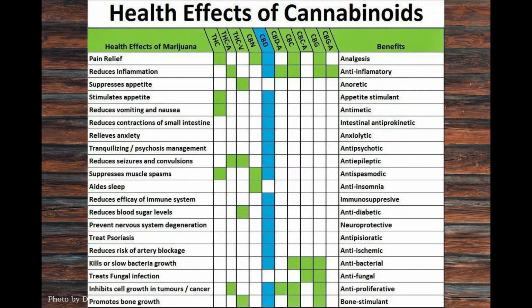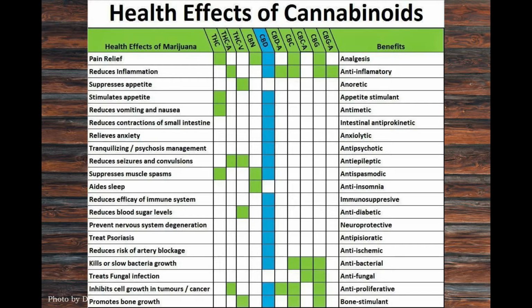Now, CBD does a whole lot, but it doesn't do it very well by itself. Okay, so here you'll see CBD will help you with pain relief. Okay, but in conjunction with THC, CBN, CBC, and CBG, it works better.